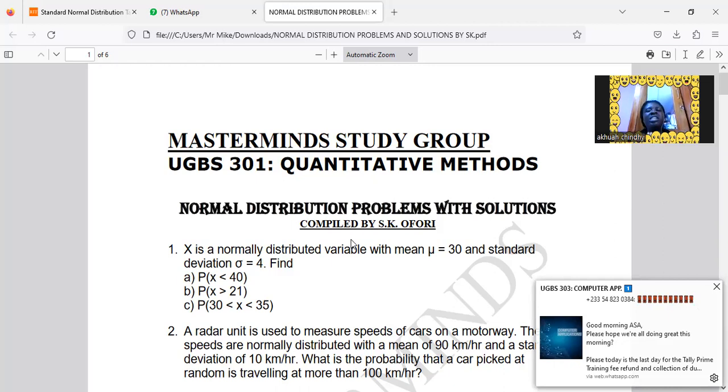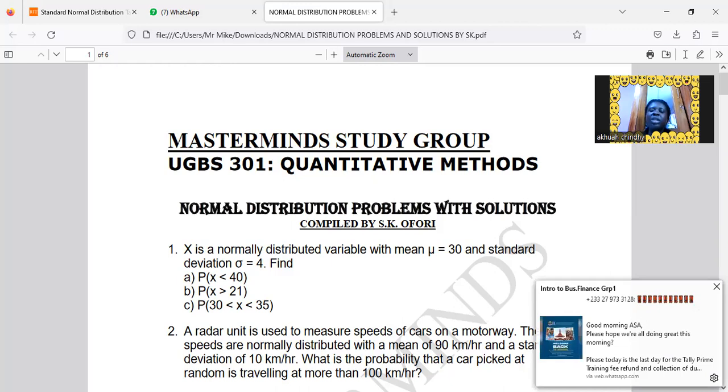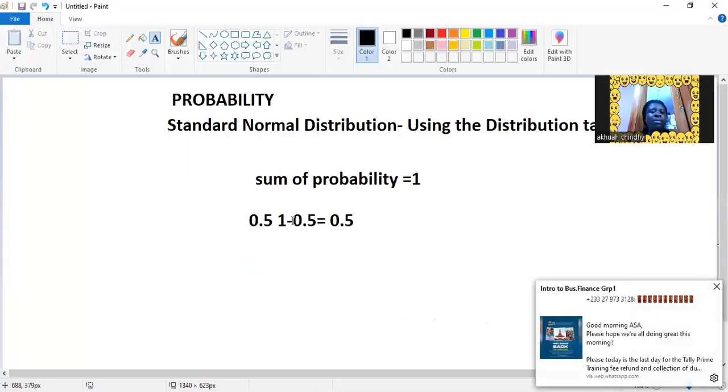Standard deviation is like the value by which the mean is, how should I put it? Let's say the mean is 0, right? It's how far a particular figure is from the original mean. Let me draw something. Let's say this is our mean, 0.